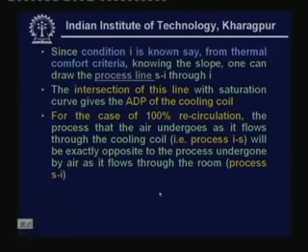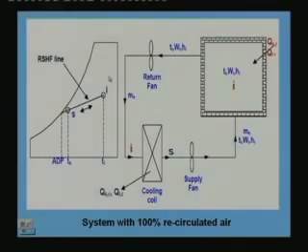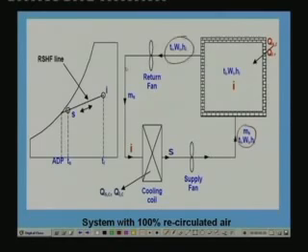For the case of 100% recirculation, the process that the air undergoes as it flows through the cooling coil, that means process IS, will be exactly opposite to the process undergone by air as it flows through the room, that is process SI. That means what is happening to the air as it flows through the conditioned space will be exactly opposite to what is happening to the air as it flows through the cooling coil.